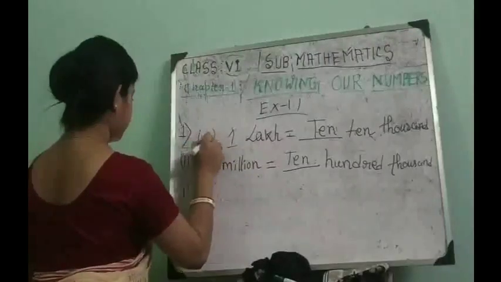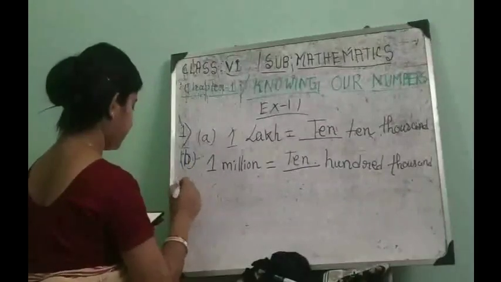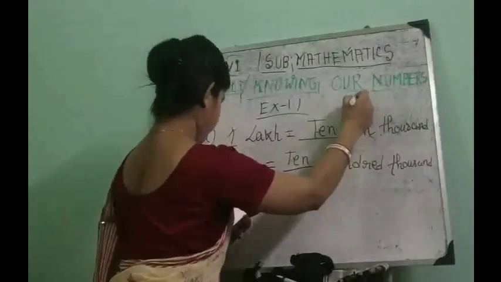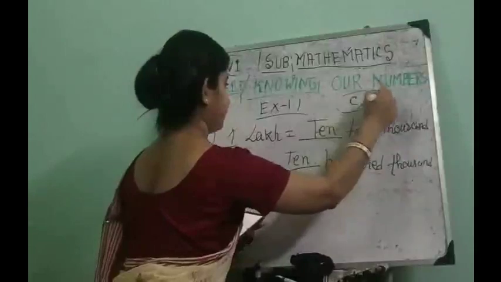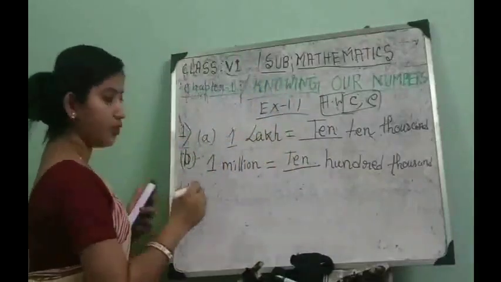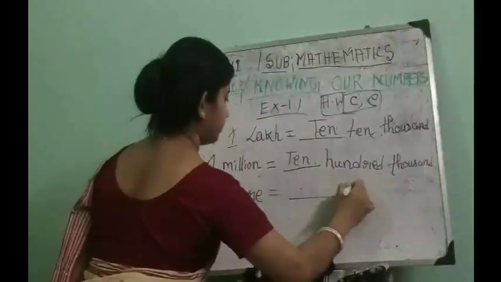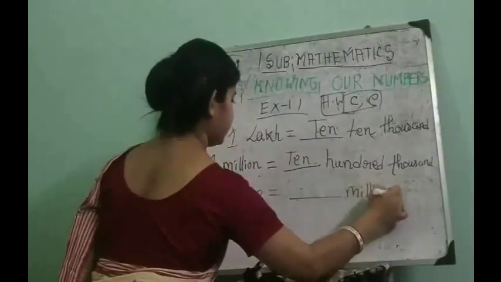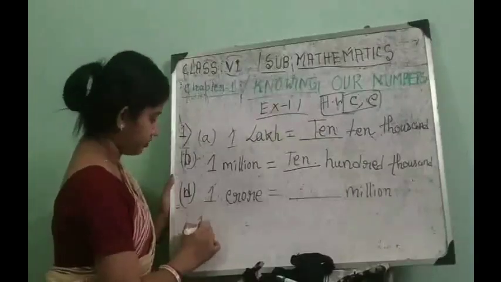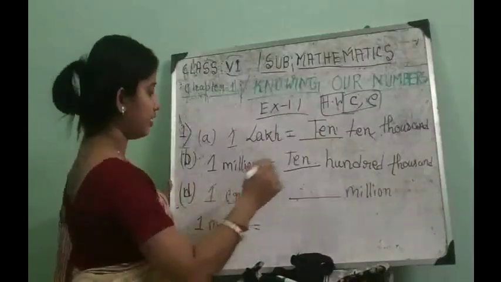This is number A, this is number B, this is number D. We should try at home number C and number E. That D is 1 crore equals to dash million. Now we get 1 million means 10 lakhs.